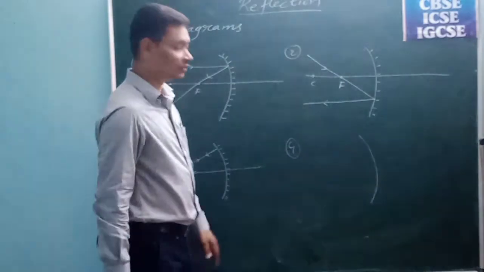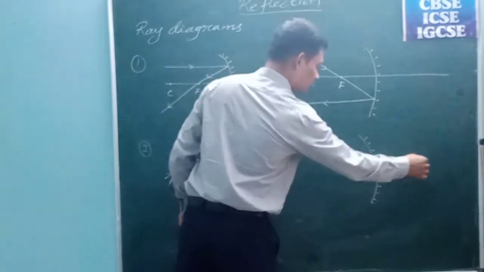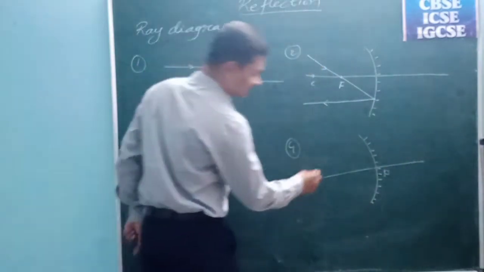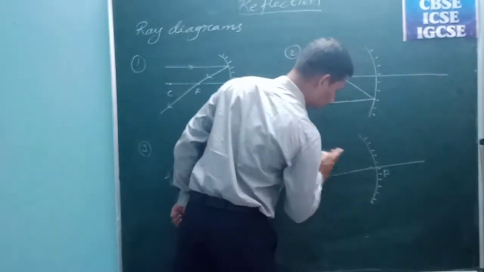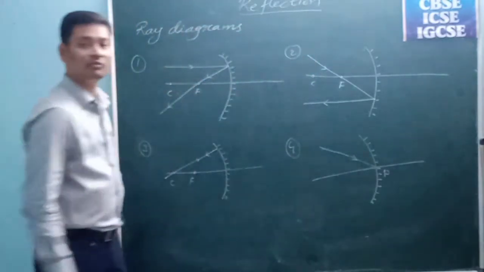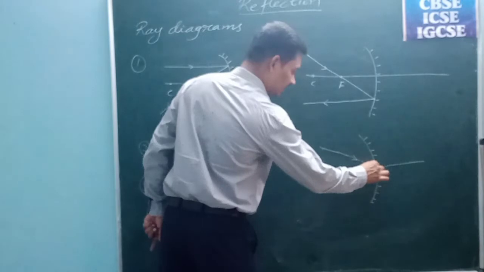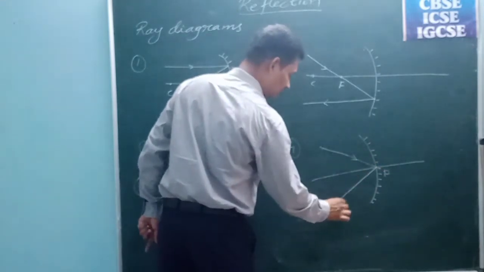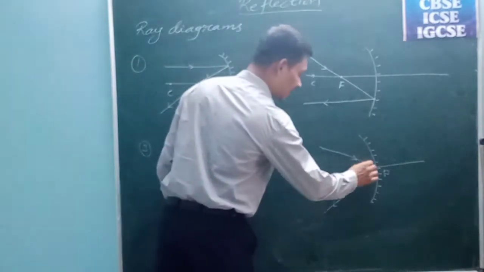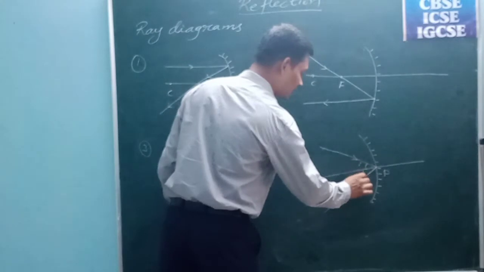Coming to the fourth one, the only last point left out is pole. If the light ray falls on the pole, it reflects back and follows a rule that the angle of incidence is equal to angle of reflection.